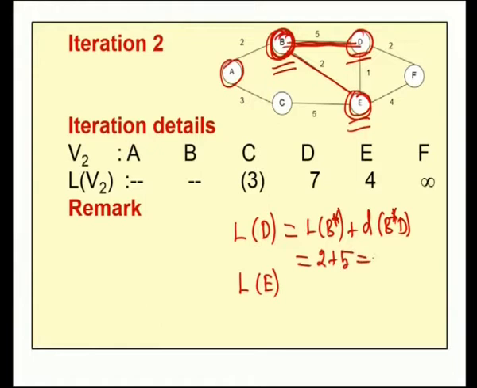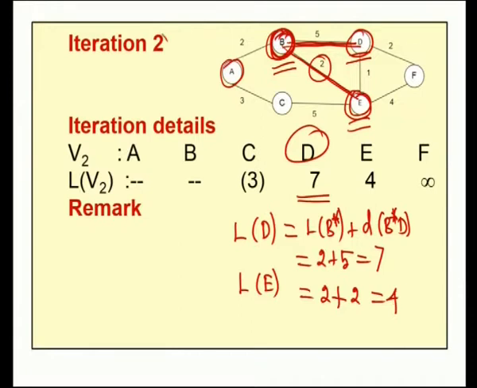Therefore, L of D equals 7, so the node D has a labeling 7. Now, L of E, by making use of the formula, L of E equals L of B star plus the distance from B star to E, will be 2 plus the distance from B to E, which is 2, therefore, 2 plus 2 equals 4.